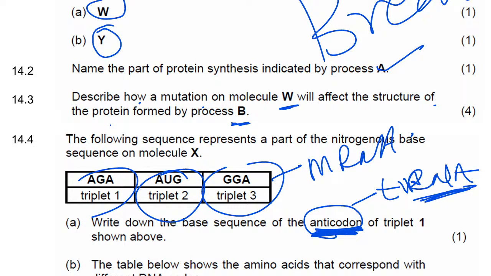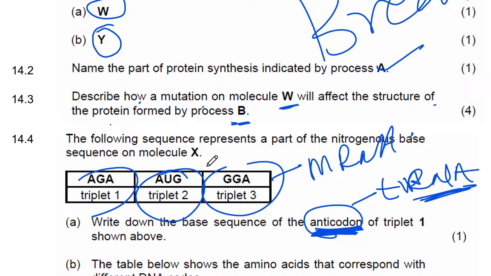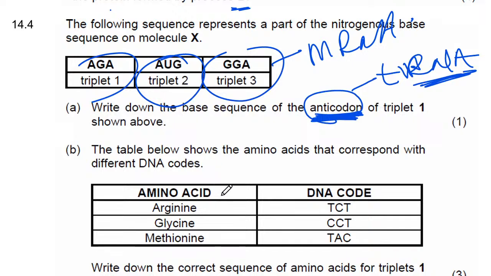So what is the next? The table below shows the amino acids that correspond with the DNA. You see, they are saying corresponding with the DNA. So you have messenger, you have tRNA, you have DNA.